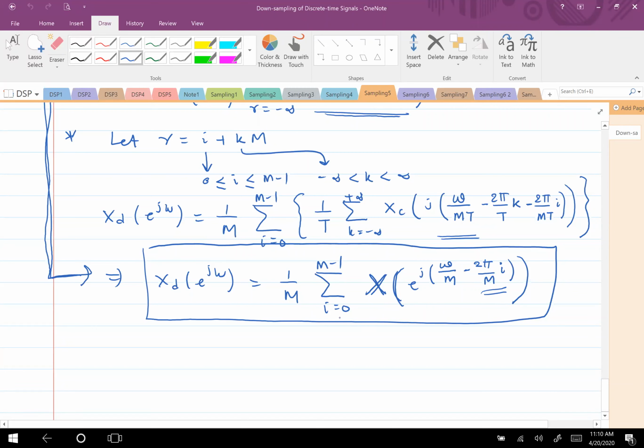If you ignore i equal to 0, the first copy, there are in addition M minus 1 copies you are keeping. Think of it in this direction. Downsampling is equivalent to multiplying with an impulse train that has, for a given length of time, M minus 1 more impulse values, is it not?